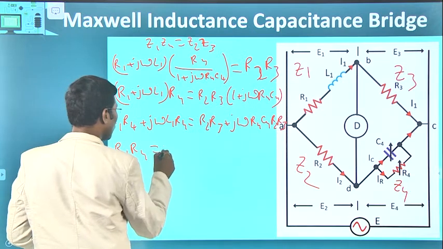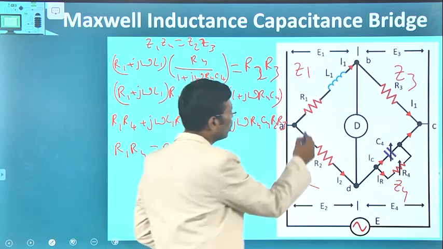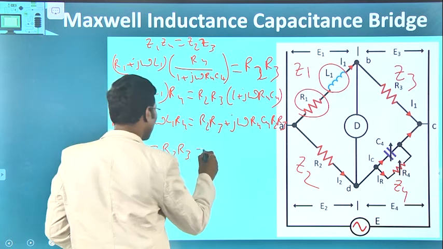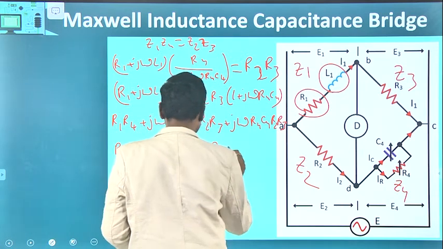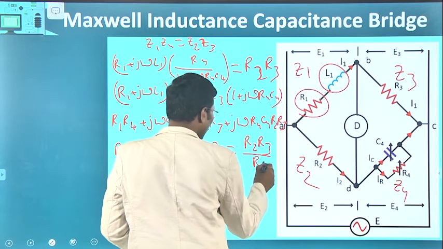R1 R4 is equal to R2 R3, and we have assumed that R1 and L1 are the unknowns in this circuit. So from this we can find the expression for unknown R1 as R1 is equal to R2 R3 by R4.